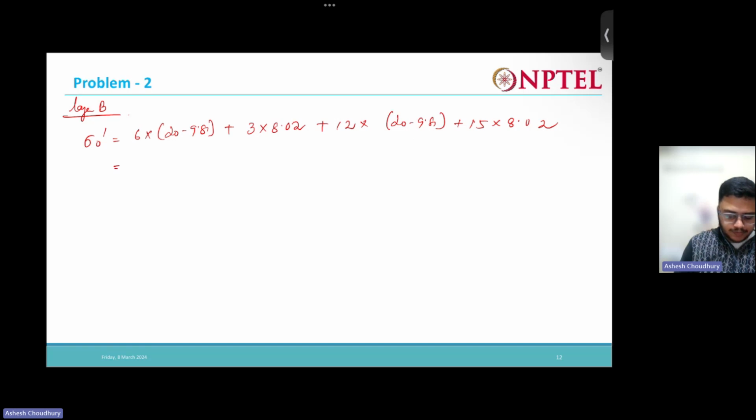This will be, mm, right. Therefore, similarly, what we can do, we can find out settlement.